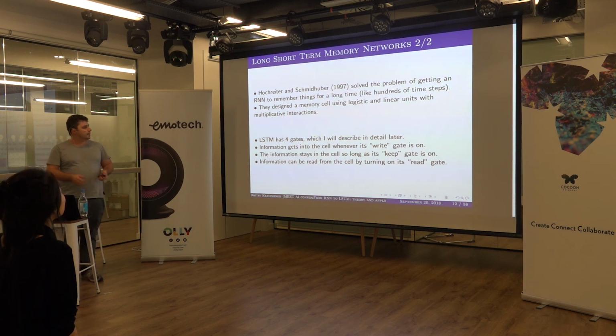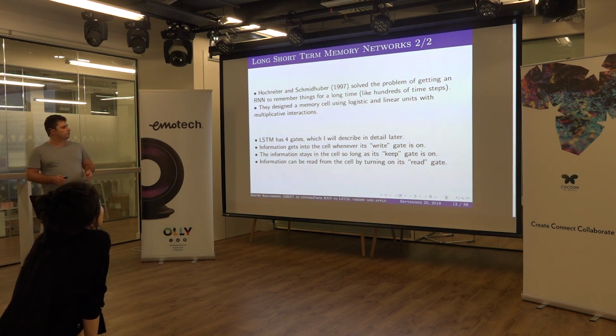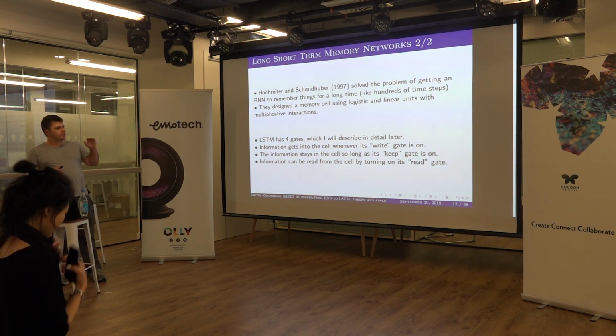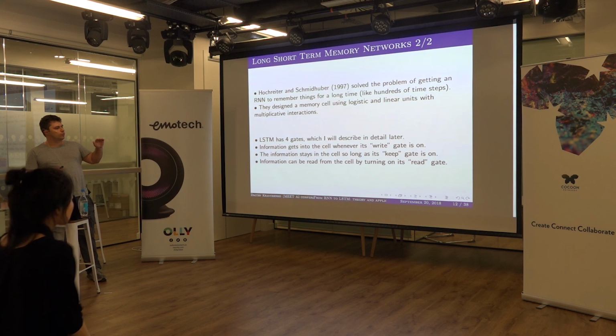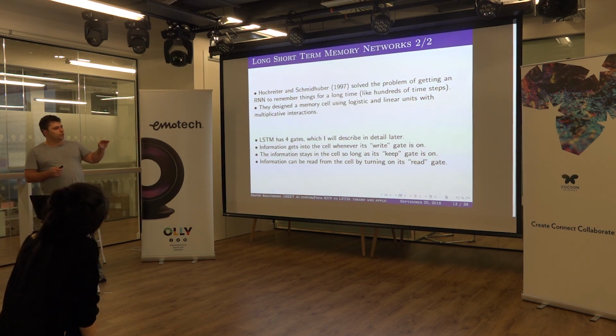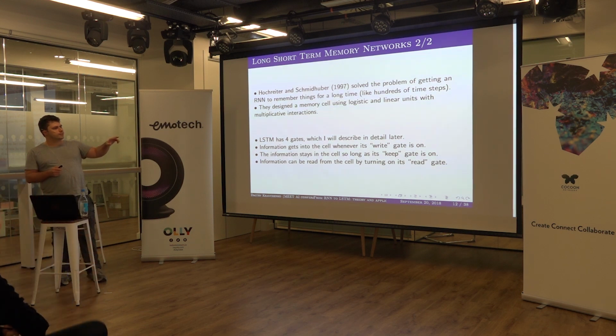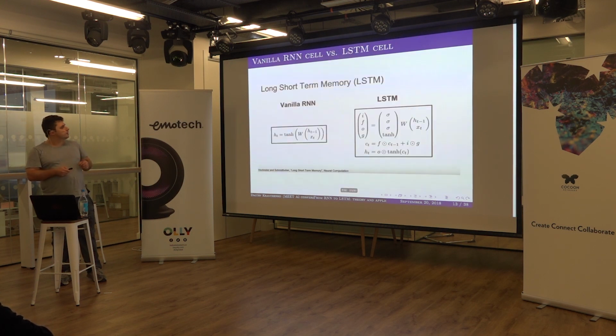Whereas in LSTM we already have 4 gates, and one of them is in charge of what we want to write to the network, another one is what we want to keep in the network, and another one what we want to read from the input and put into that network. And this read gate concatenates the two network layers.